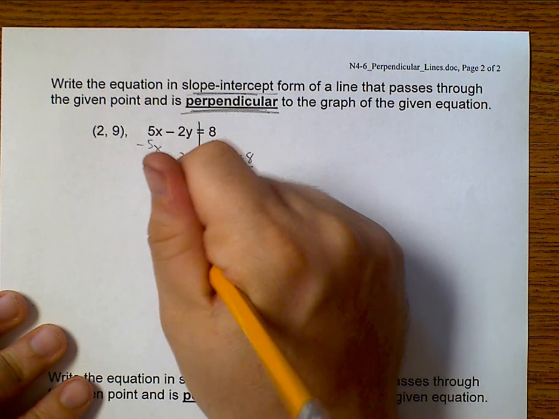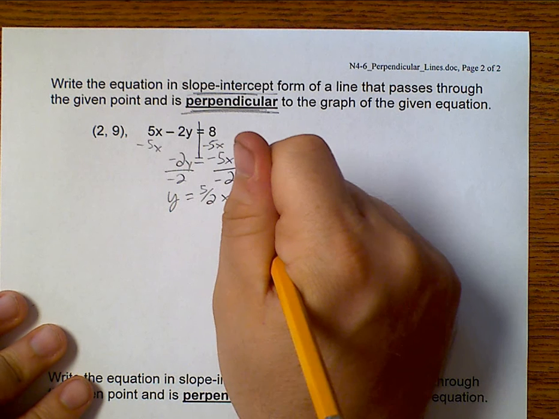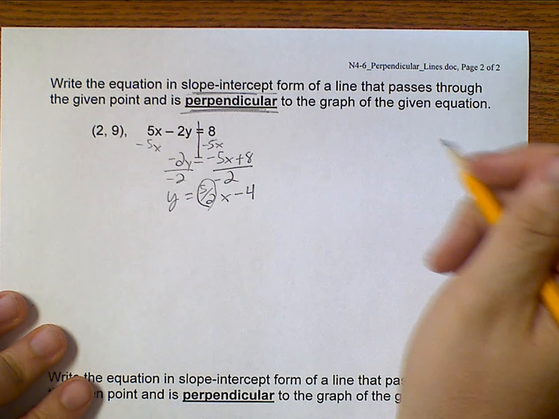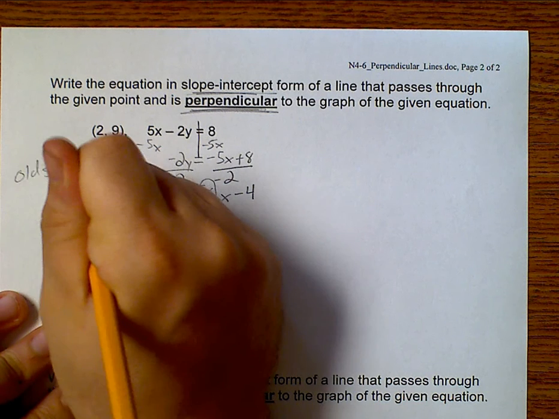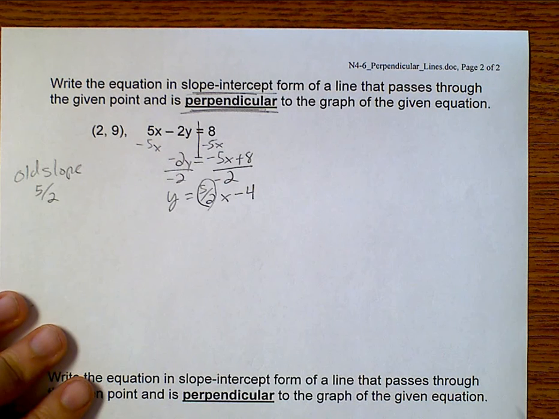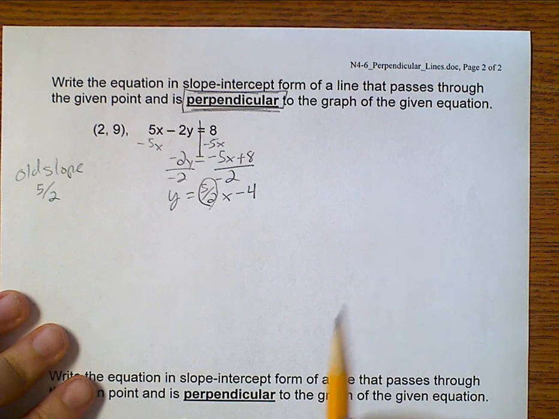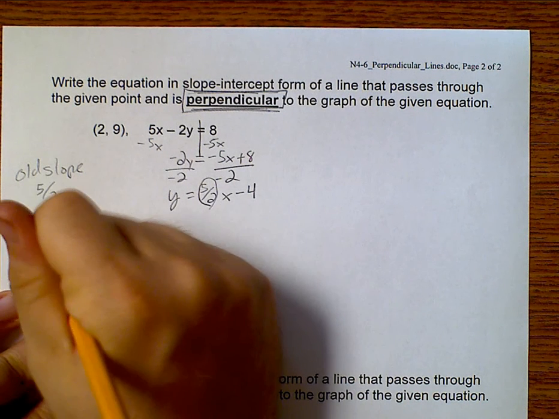Make it that y equals 5 halves x minus 4. And so my old slope is 5 over 2. Now I want to be perpendicular. And so my new slope is going to be negative 2 over 5.